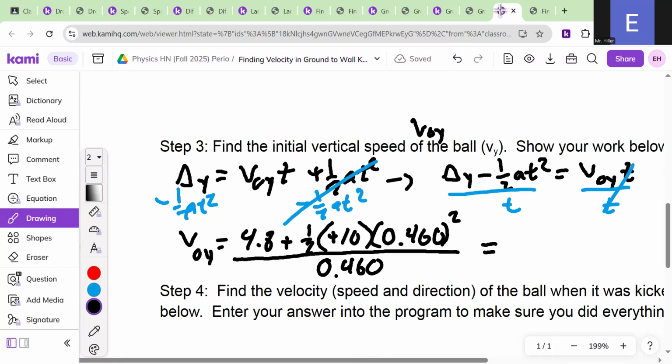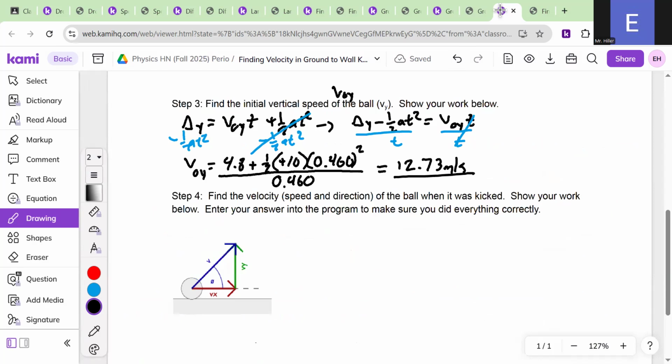I have 0.460. I'm going to square it times 10, then divide that by 2. I have 1.058. I'm going to add that to 4.8. And then it equals, and I'll divide by 0.46. That tells me the launch speed in the y direction is about 12.73 meters per second.